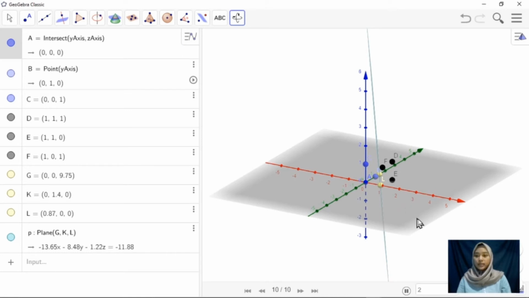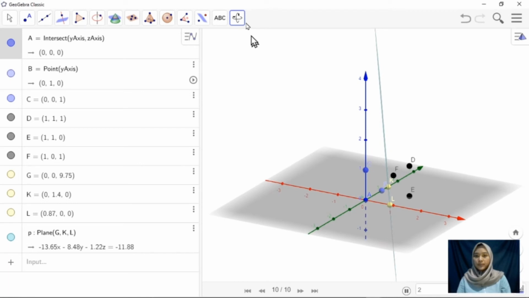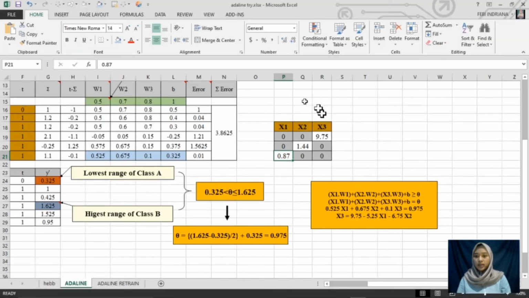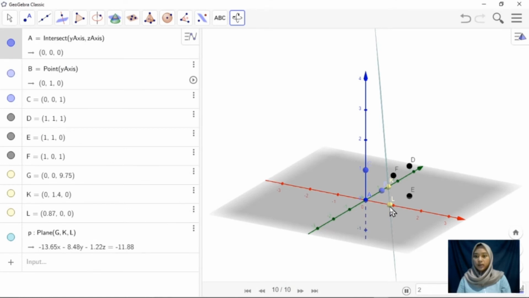Okay, in this case, this data is symbolized using a white circle.